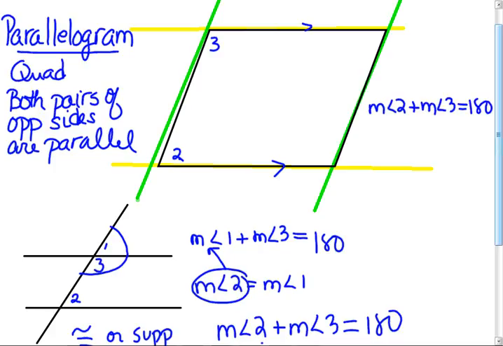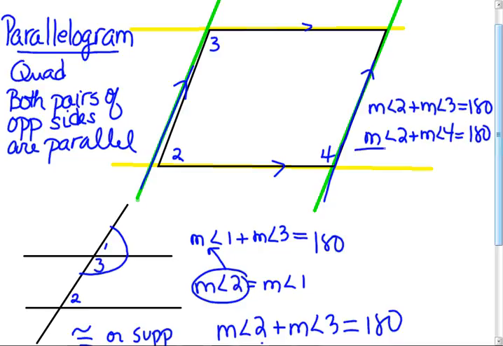What about 4 and 2? Because these are also parallel. Look at the picture. 4 is obtuse, 2 is acute. It's possible they're equal, but do they have to be equal? No. So they have to add up to 180: the measure of angle 2 plus the measure of angle 4 equals 180.